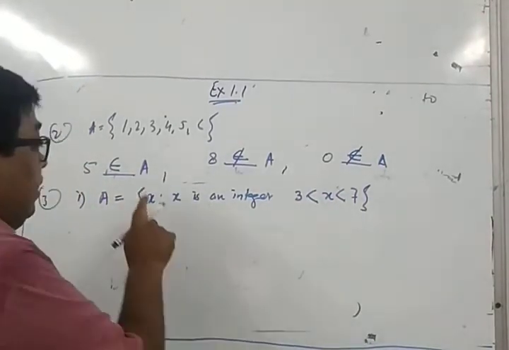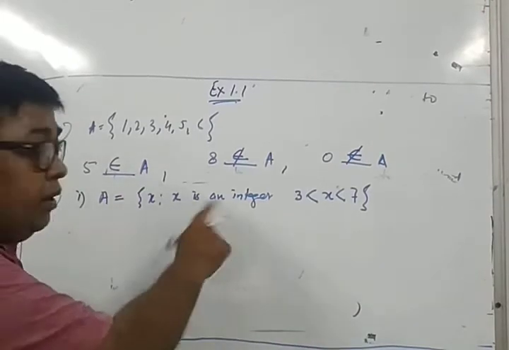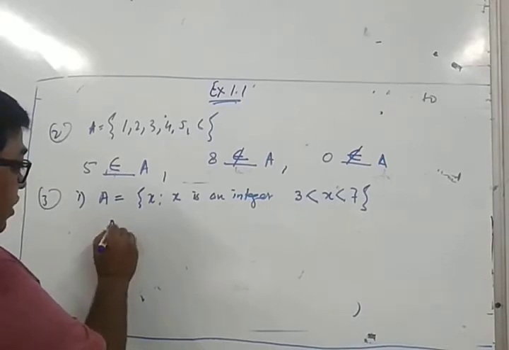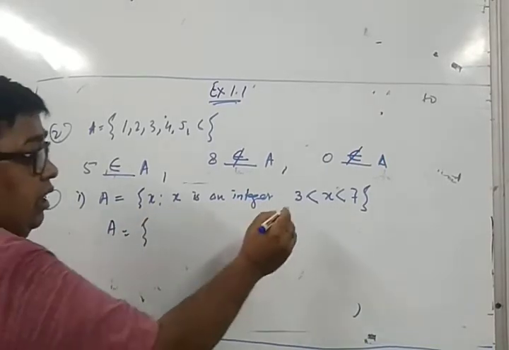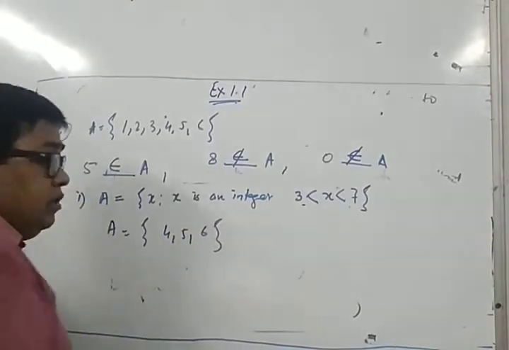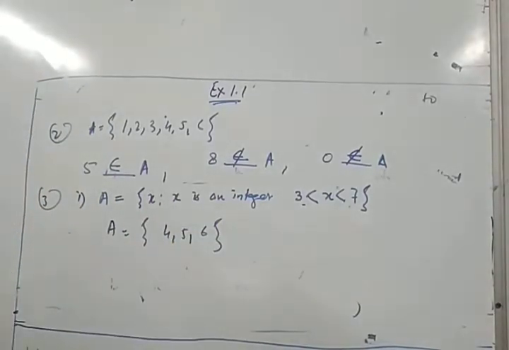We have to write this set, given in set builder form, in roster form or tabular form. The integers between 3 and 7 are 4, 5, 6. This is the conversion of set builder form to roster form.